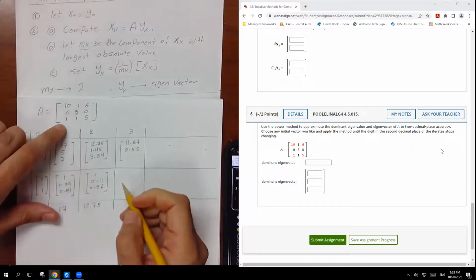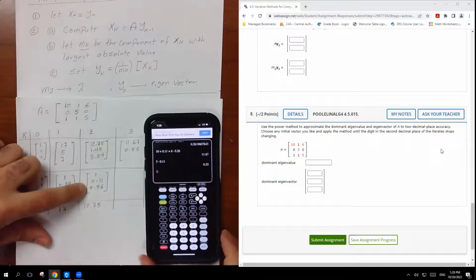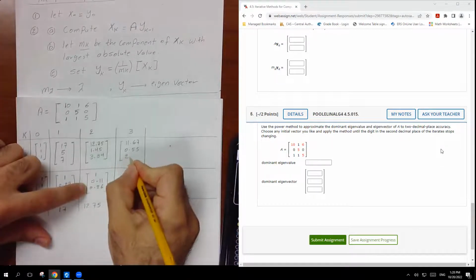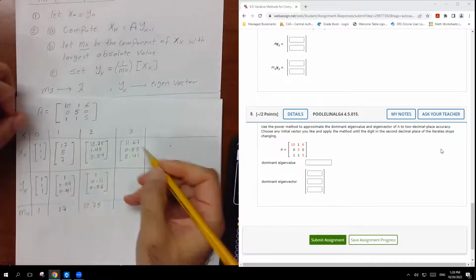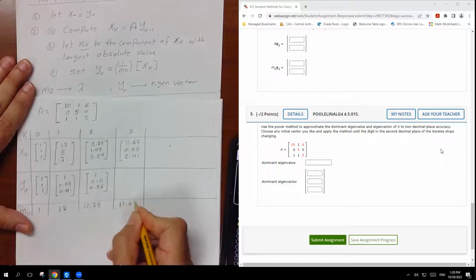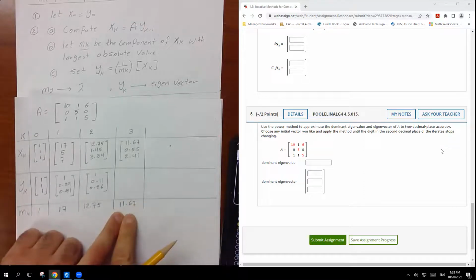And the third row times yk is going to be 1 plus 0.11 plus 5 times 0.26, which is 2.41. So the dominant eigenvalue now is 11.67. Check, we're approaching 11. From 17, we go into 11.